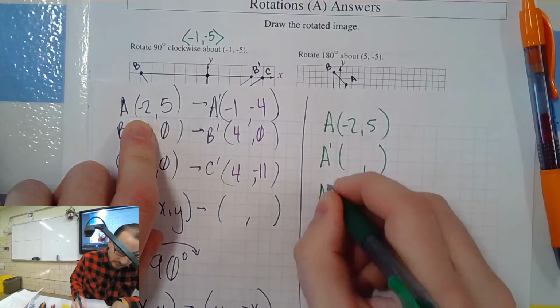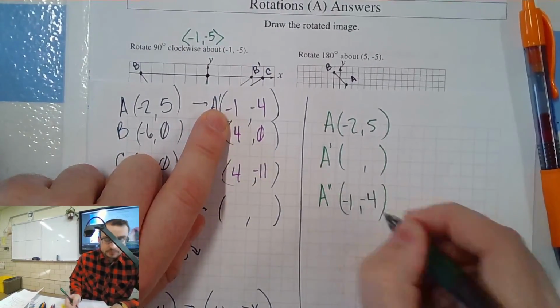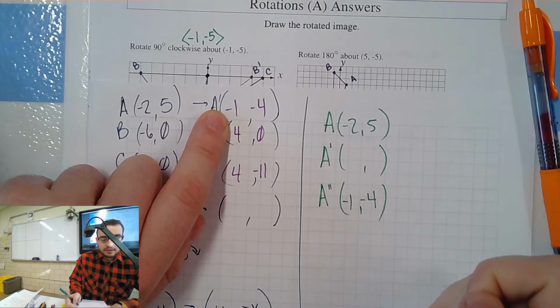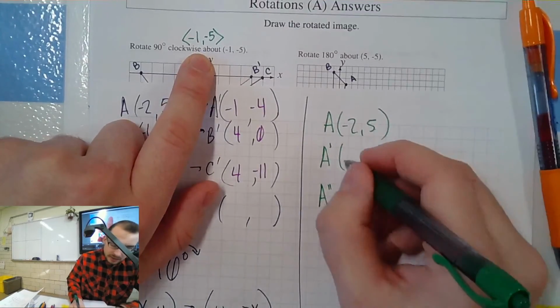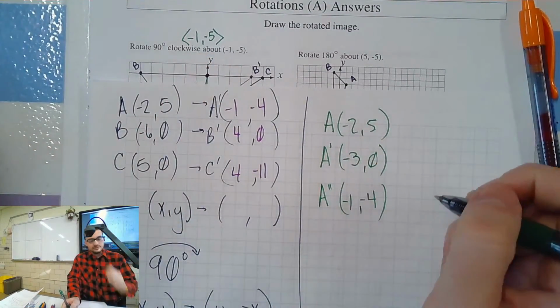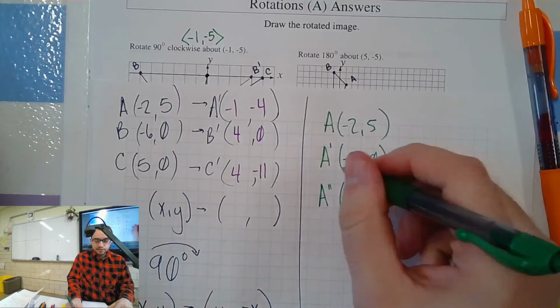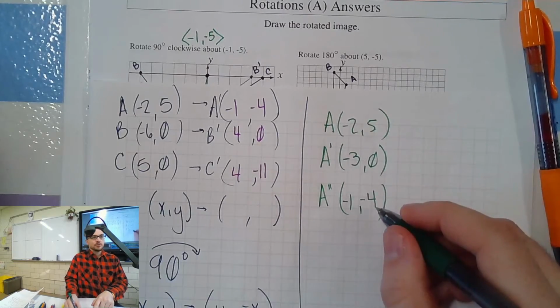And here's A double prime. Double prime is where we're going to end up. Okay? I'm putting an intermediate step. I'm going to slide that by this. I get -3, 0. When I flop these, I get 0, -3, and I change the second one. So I get 0, 3. Didn't work.